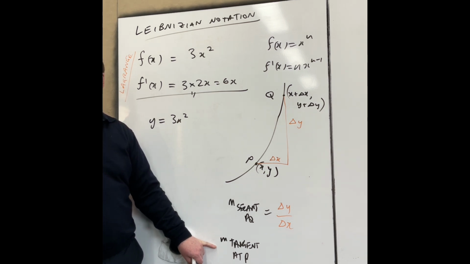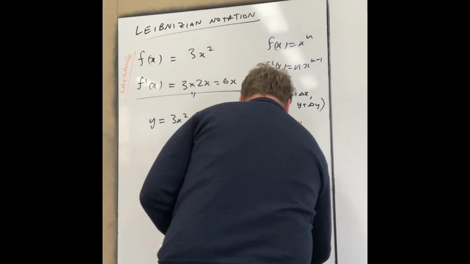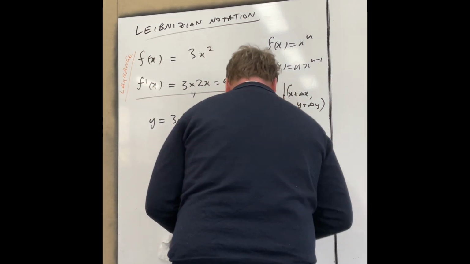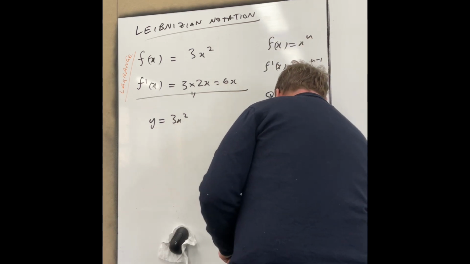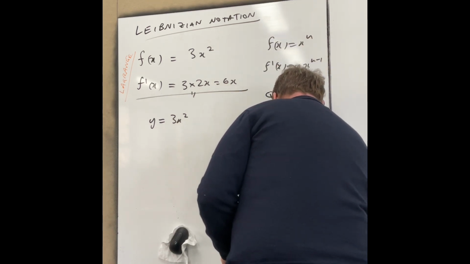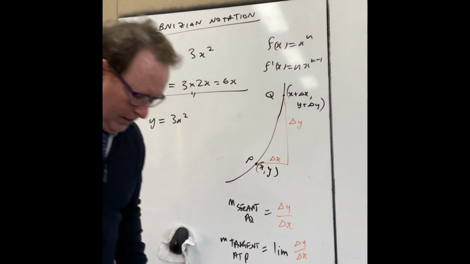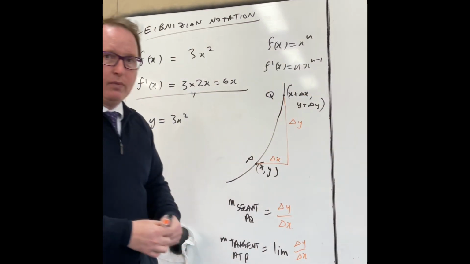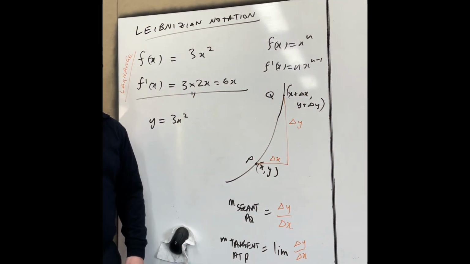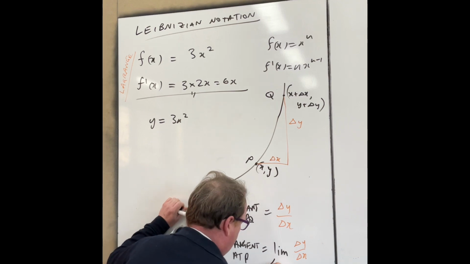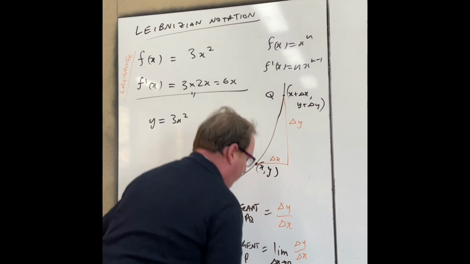If the limit as Q approaches P, yeah? So in this case, it's going to be the limit of your change in y over your change in x as what? As delta x approaches 0.